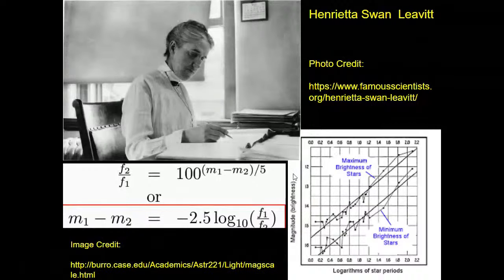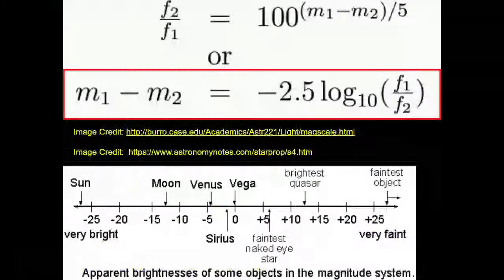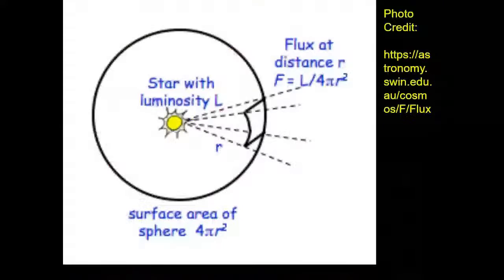So from this, one can therefore independently measure the luminosity. By looking at the variability time scale, one can find out the actual luminosity, and therefore by measuring the flux, one can find out the distance of the star.